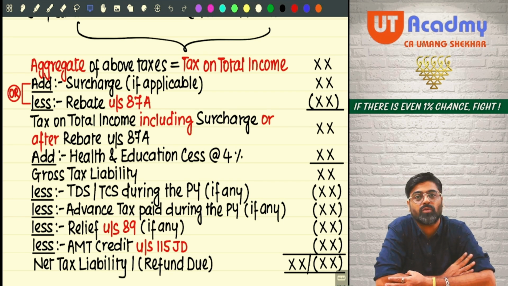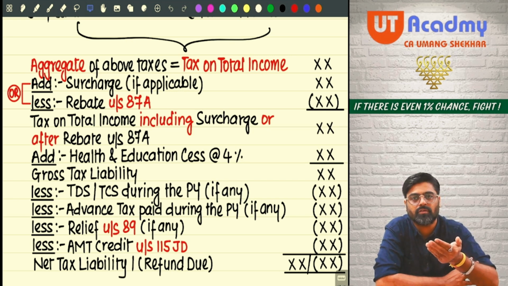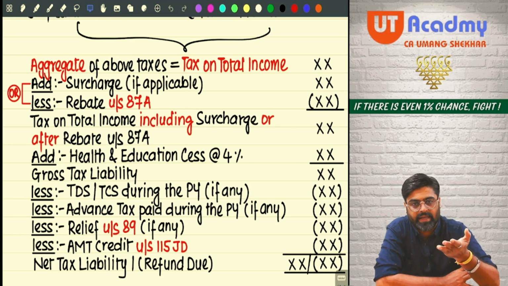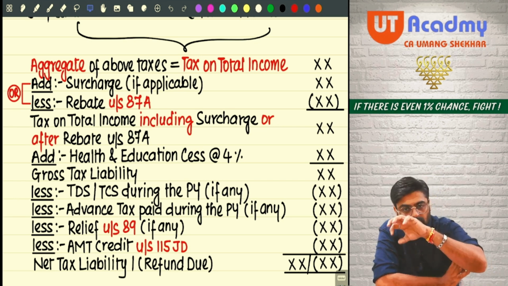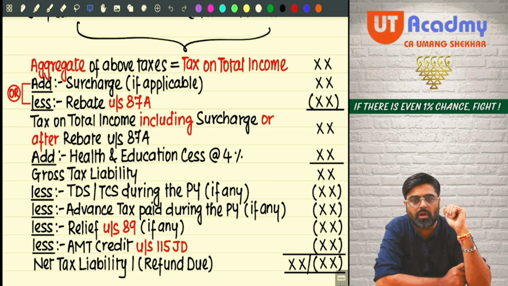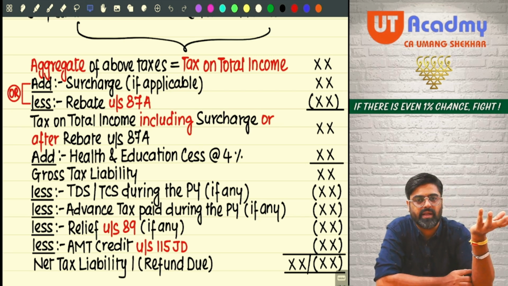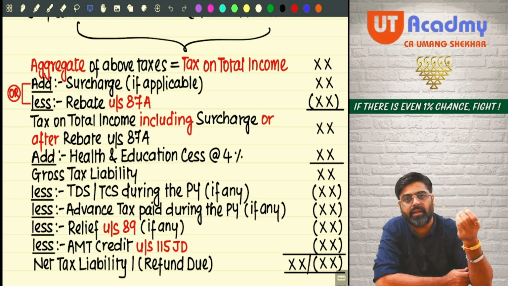The taxes we pay in the previous year as prepaid taxes are TDS, TCS, or sometimes advance tax. We will reduce the TDS, TCS and advance tax already paid from our gross tax liability, so that we finally get the net tax liability or even the refund amount.